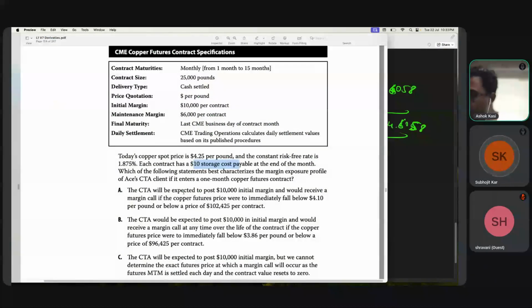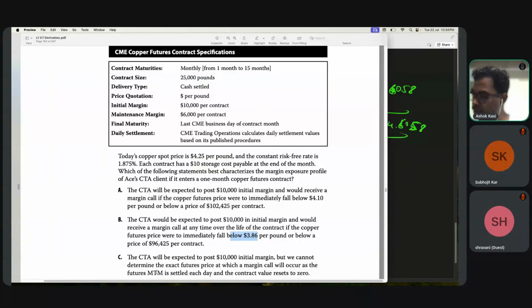Now, which of the following statements best characterizes the margin exposure profile? CTA will be expected to post 10,000, and would receive a margin call if the copper future price were to immediately fall below 4.10. If the copper future price were to immediately fall below 3.80.